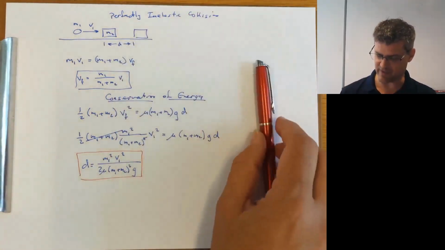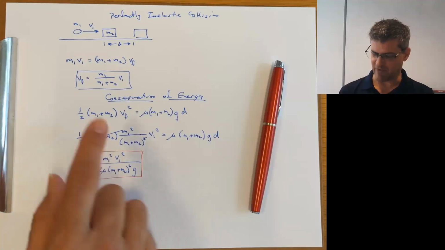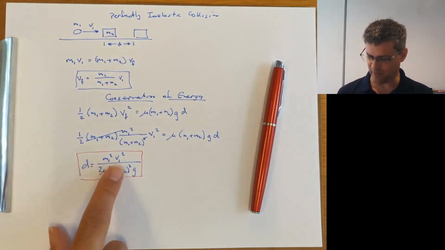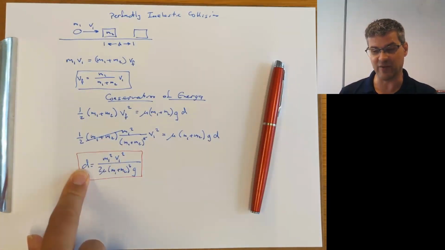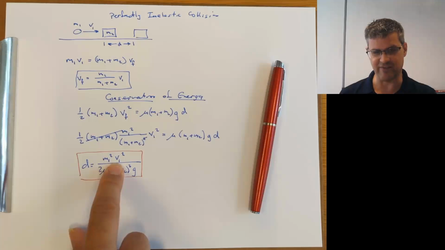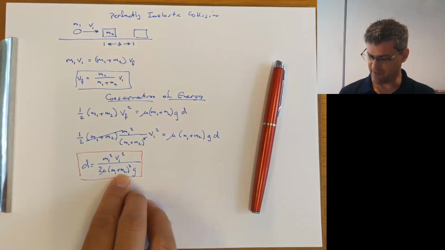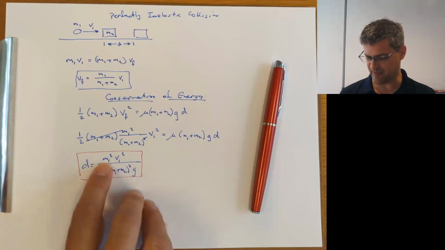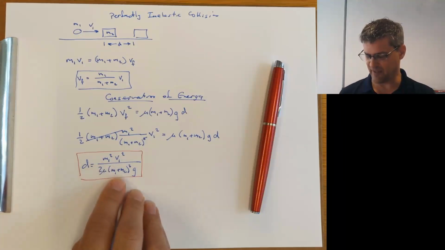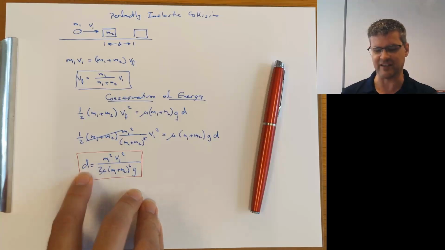Now, what are some other things that we see associated with this? If I was to throw the clay ball quicker, the final composite object is going to slide further because of this v1. If m2 is very massive compared to m1, m1 divided by m1 plus m2 is then going to be a small number. It's not going to slide very far.